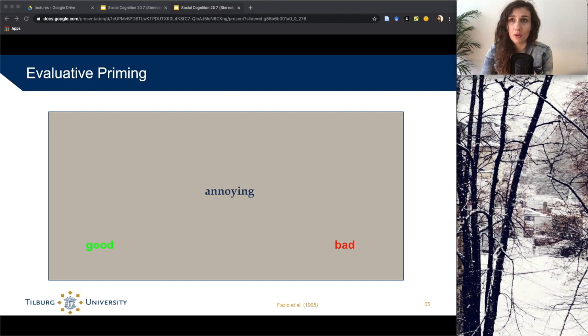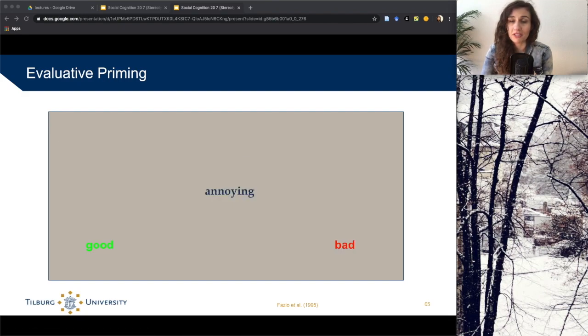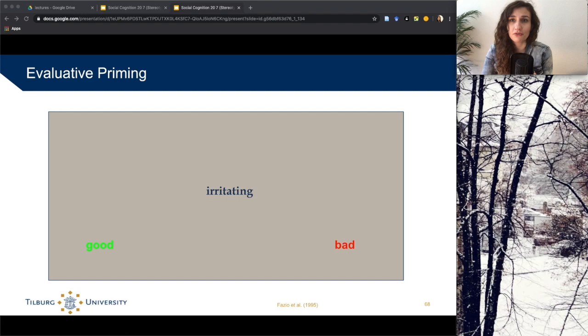So is the prime negative or positive? And then does it match the negative evaluation of our target? And we can compare the speed of responses to that negative target word annoying with a new trial: participants' responses when they're primed with the face of a white person, and then thereafter asked to categorize the word irritating.